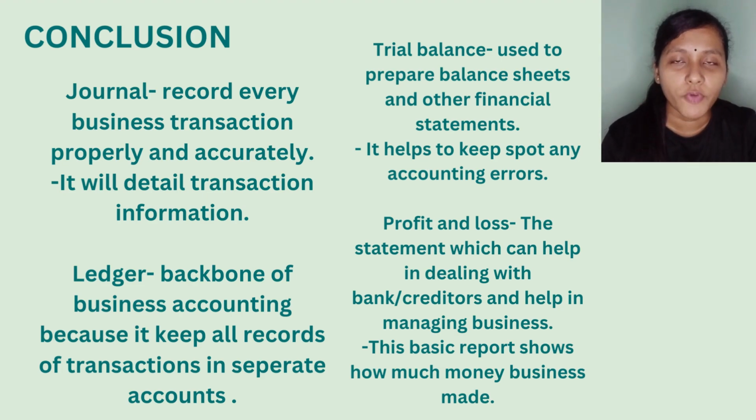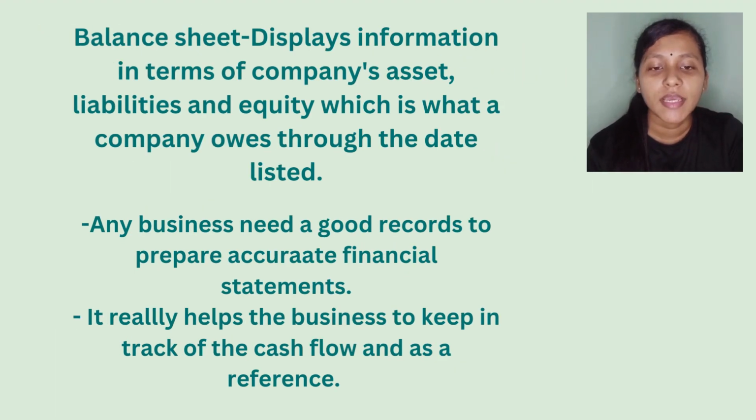The fourth one is profit and loss, the statement which can help in dealing with creditors or banks and help in managing business. This basic report shows how much money the business made. And the last one is the balance sheet. It displays information in terms of a company's assets, liabilities, and equity, which is what a company owns and owes as of the date listed.